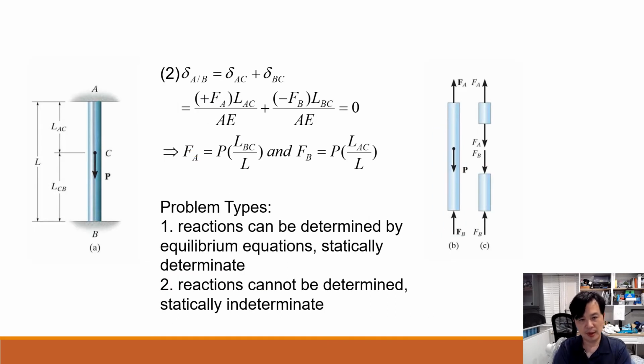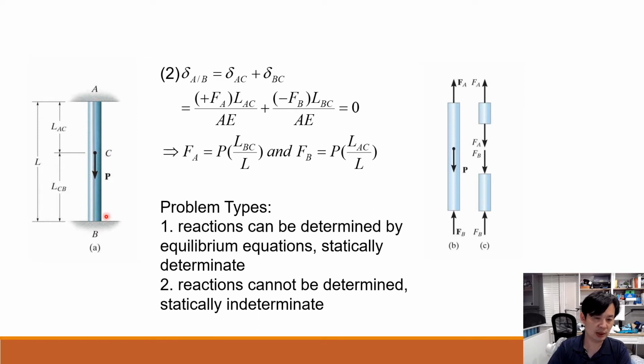Next, we'd like to use the previous equation to derive delta A over B. How do we derive the total deformation from A to B, or A with respect to B? The process is quite simple. We need to solve the delta in two sections, AC and CB.